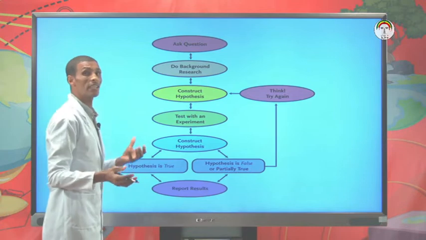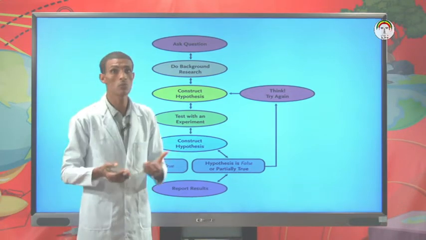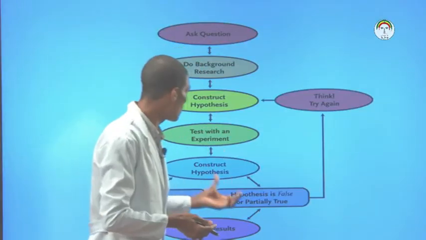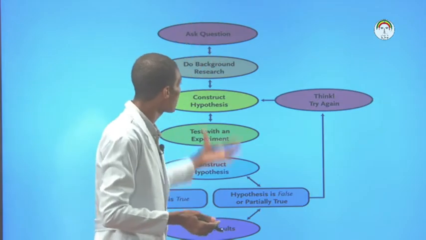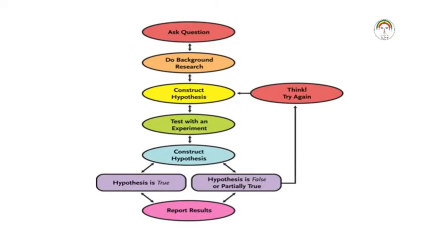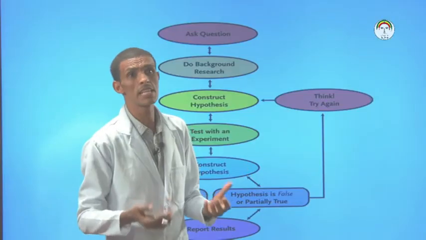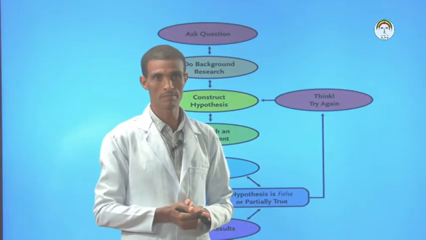Scientific method has its own steps that we pass through. For example, firstly, we ask a question about what we observe from our surroundings, which is the beginning step of scientific method.